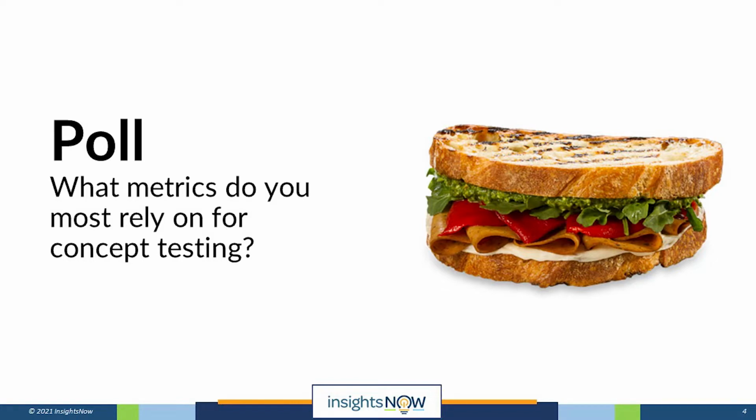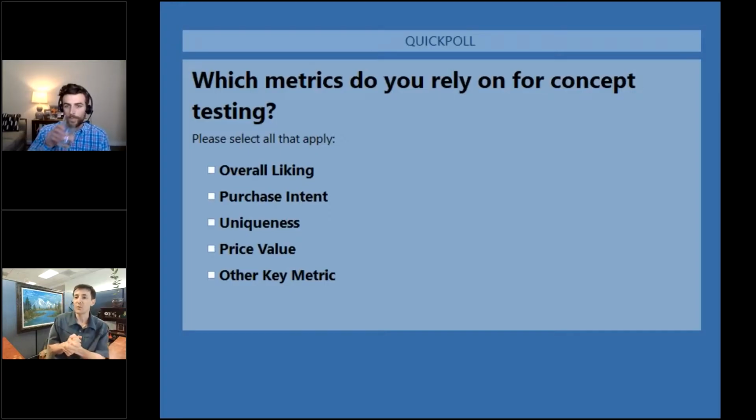So which measures are you personally using, or which ones do you rely on most is maybe a better question for your concept testing. We'll wait just a second while everybody types in their answers here. All right, I'm going to close it out and share the information.